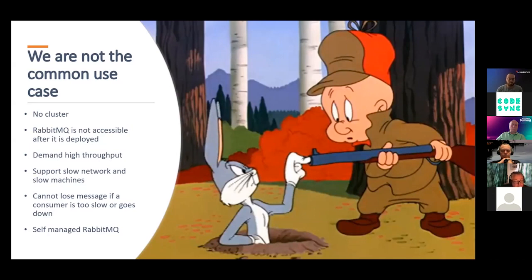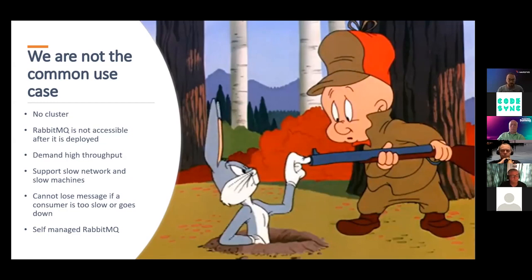Networks can sometimes be your enemy. It's very common for the network to be too slow and the bandwidth too low, too small. Even so, we manage to support high throughput using RabbitMQ, and in the next few slides, we're going to see what we do.